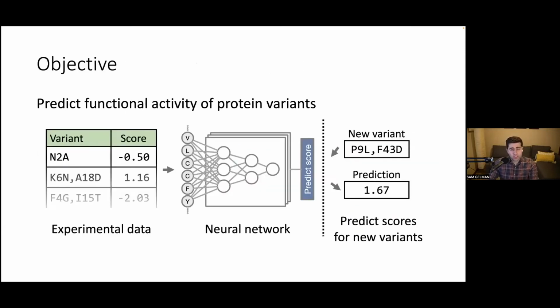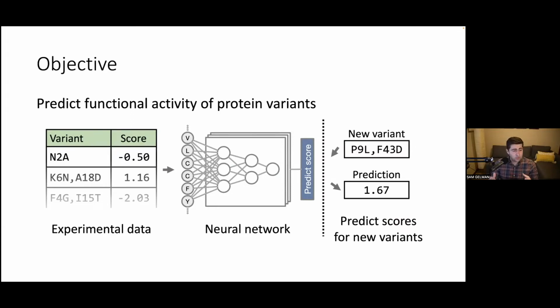So our goal is to use this experimental data to create models that generalize and predict the functional activity of any given variant. The experimental data consists of variants that have been tested in the lab, and there's an associated functional score telling us how functional that variant is.